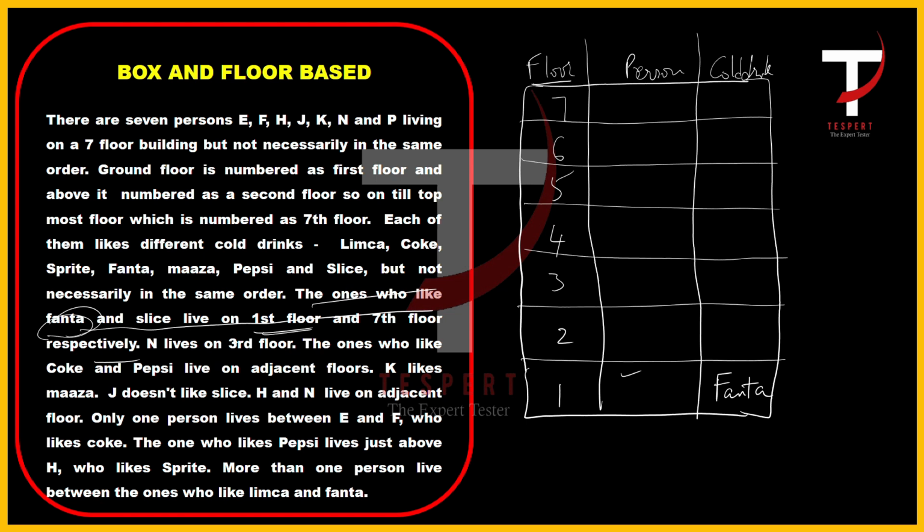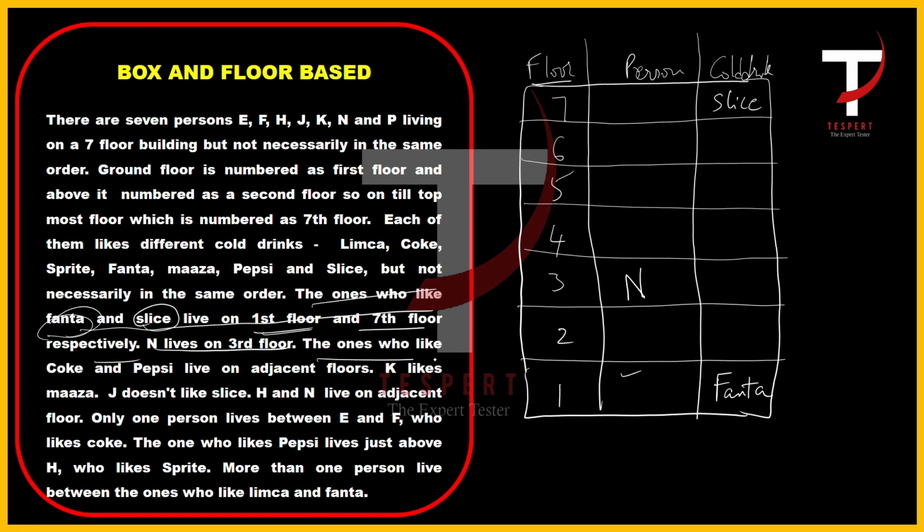And the guy who likes Slice lives on the 7th floor. So here Slice comes. And N lives on 3rd floor. So where is 3rd floor? Yeah. So N lives here.